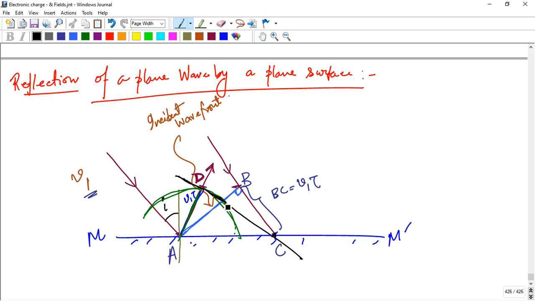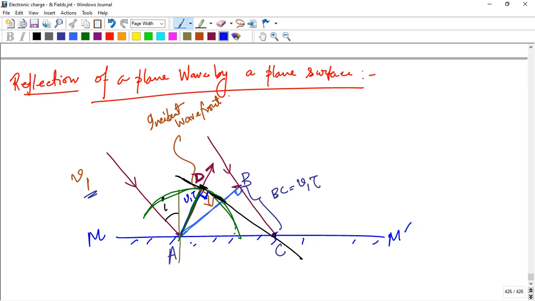It is a sphere, or say a two-dimensional circle, and the tangent passes through point C. We know the radius is v1 tau, and there is a tangent. Tangent and radius are mutually perpendicular, from geometry class 9 or 10, the circle chapter.